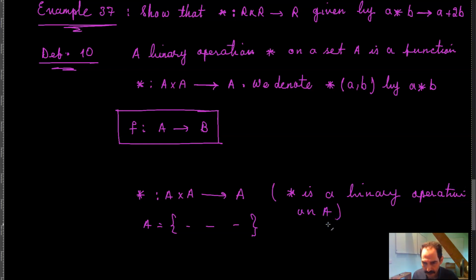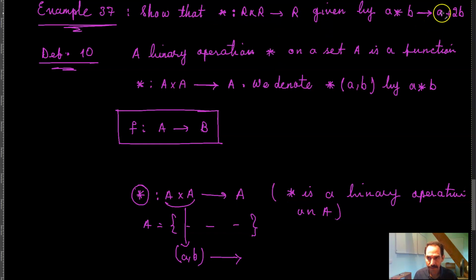And here you can write A star B. You can say that A star B is given by, so whatever A comma B you pick here, the Cartesian product of A and A is going to give you all of these ordered pairs A comma B. Whatever A comma B you pick becomes the input of this star operation, and it will give you something depending on the rule of that binary operation.